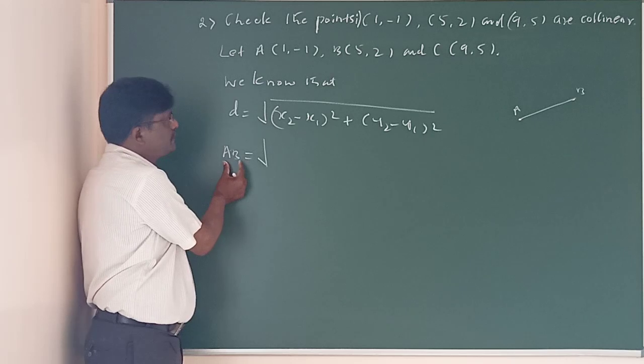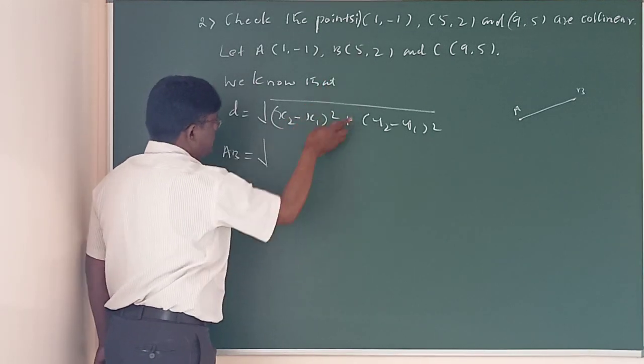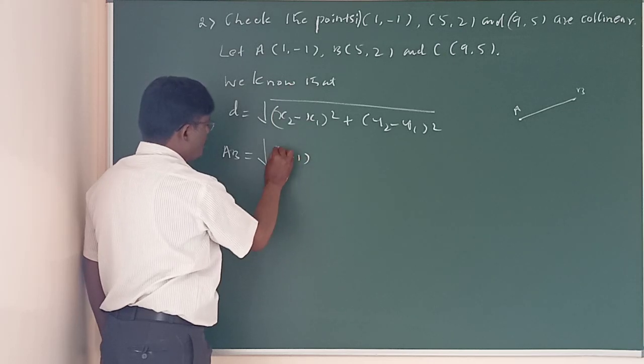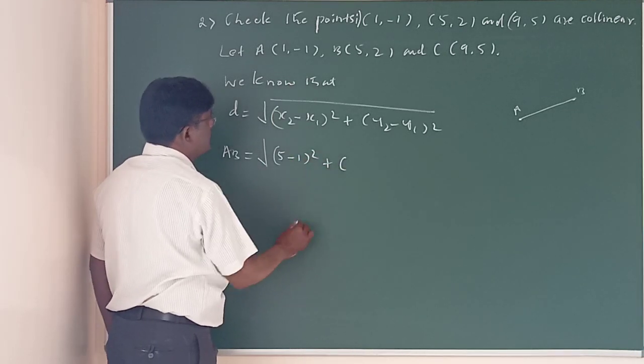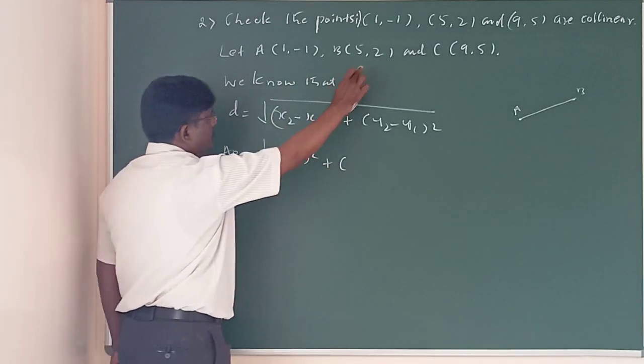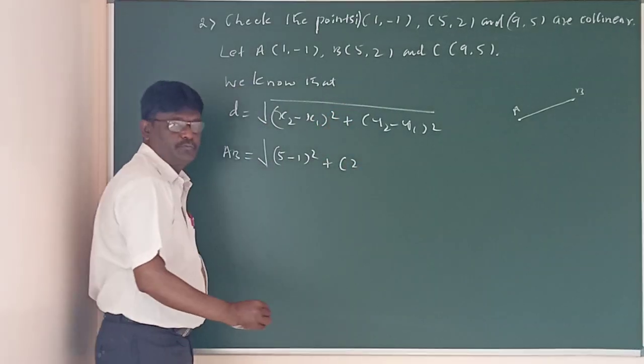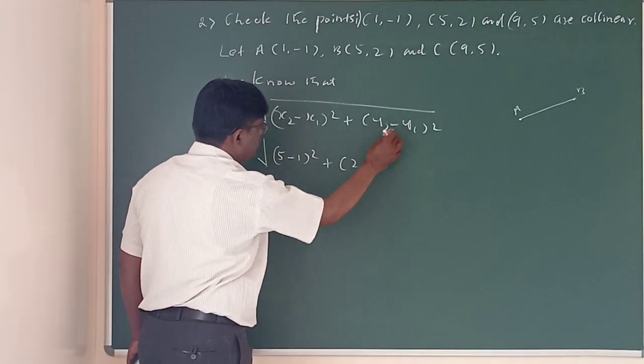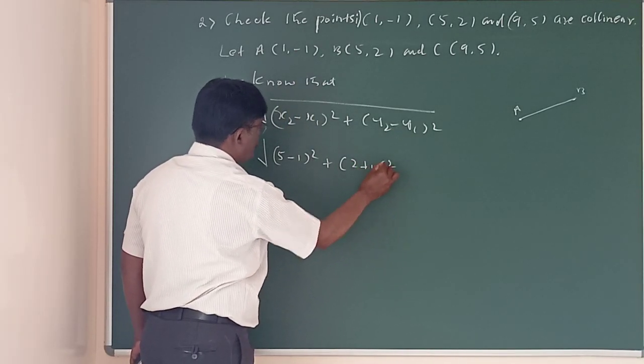Hence, with respect to AB, x2 is 5 minus x1 is 1 whole square plus, y2 is 2, correct? Then y1 is minus 1, so minus of minus plus, whole square.